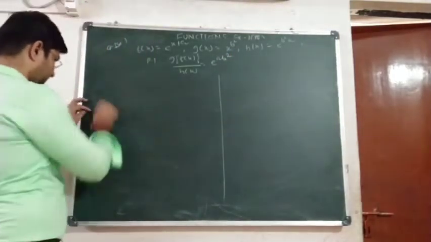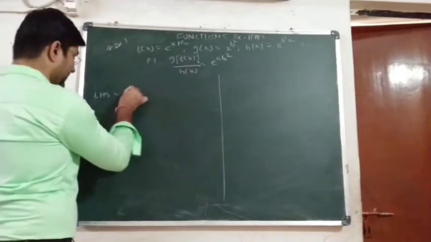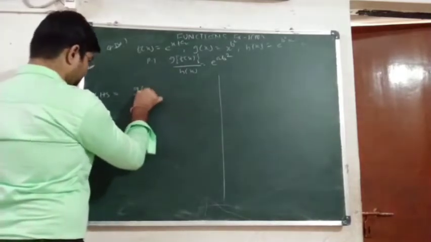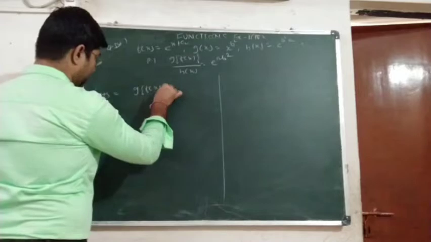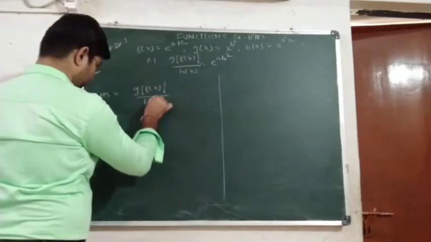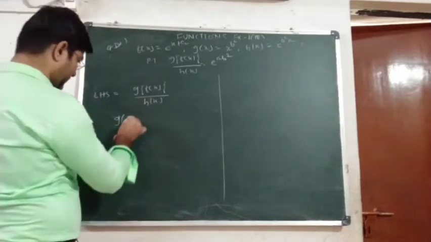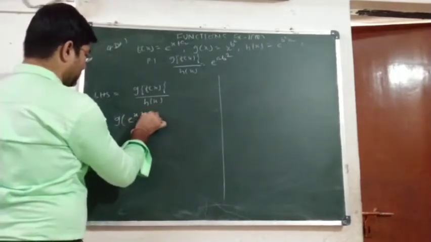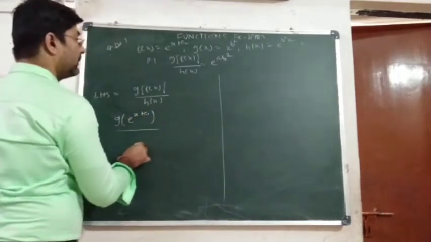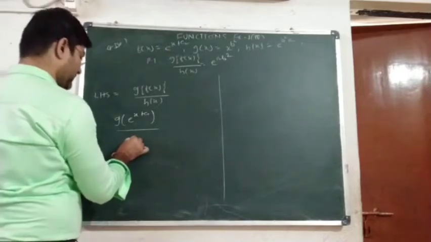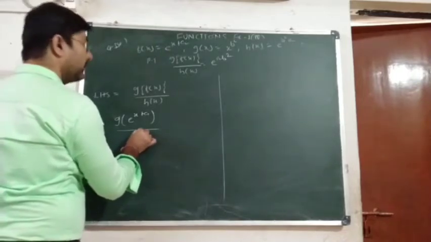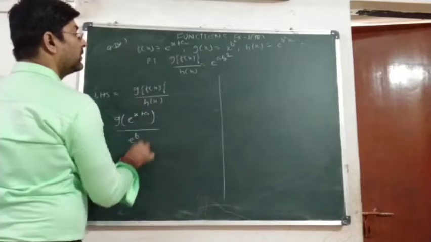Let us take LHS, left hand side. LHS is g of f of x upon h of x. g of, what is function f of x? e raised to x plus a, upon h of x, which is given to be e raised to b square x.